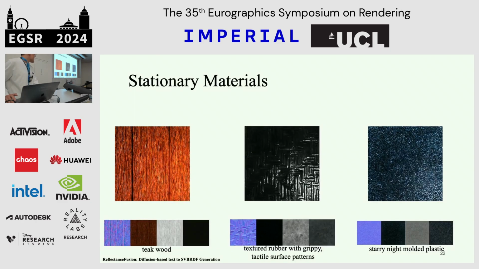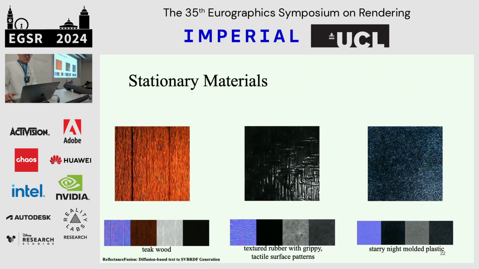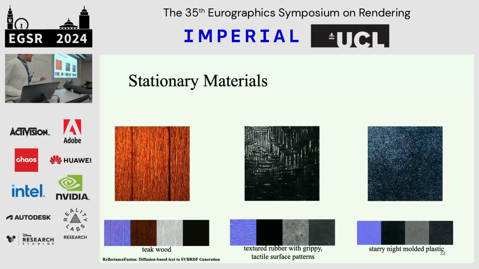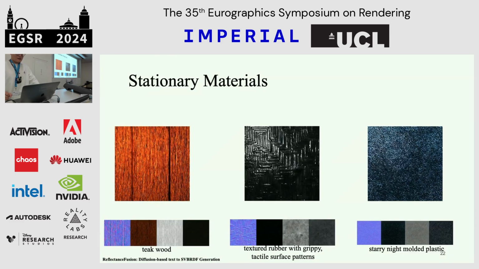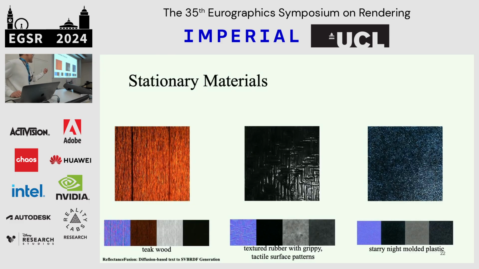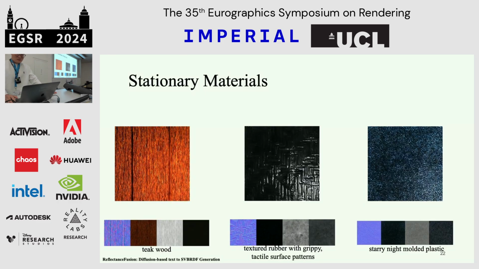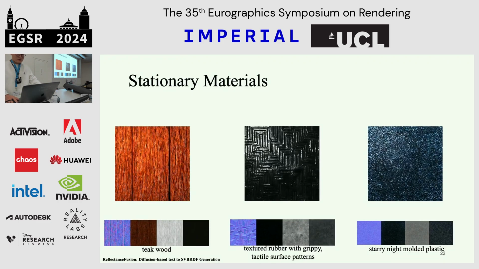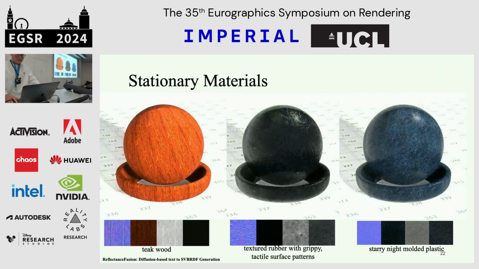We choose some materials with different phenomena here, like thick wood, mainly dominated by the diffuse map, and the other two greatly affected by the specular maps. This shows our model's capability of generating different types of materials. And this is rendering on 3D balls.